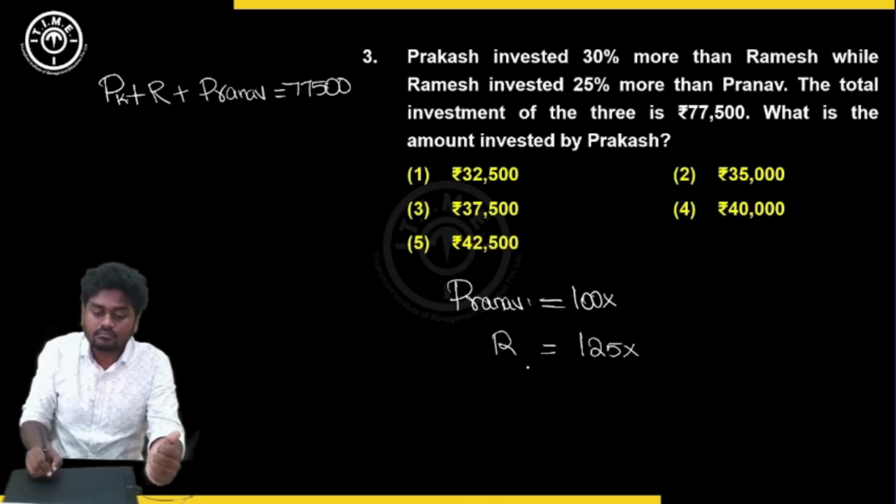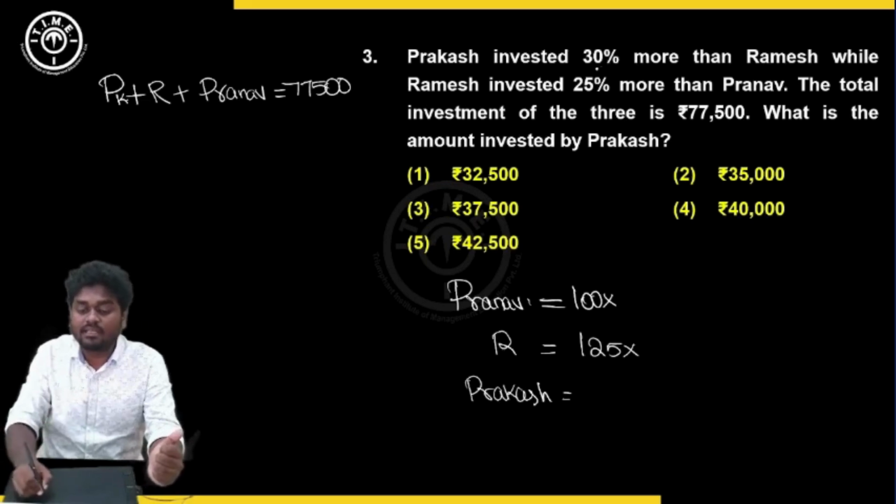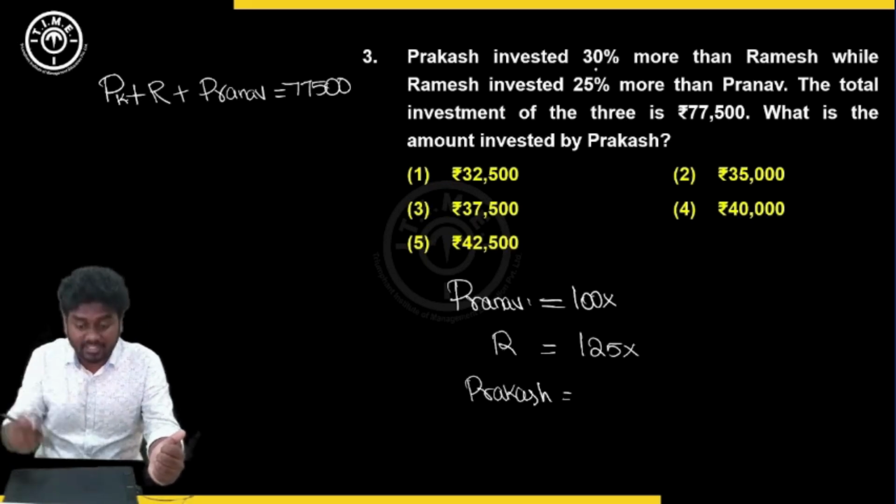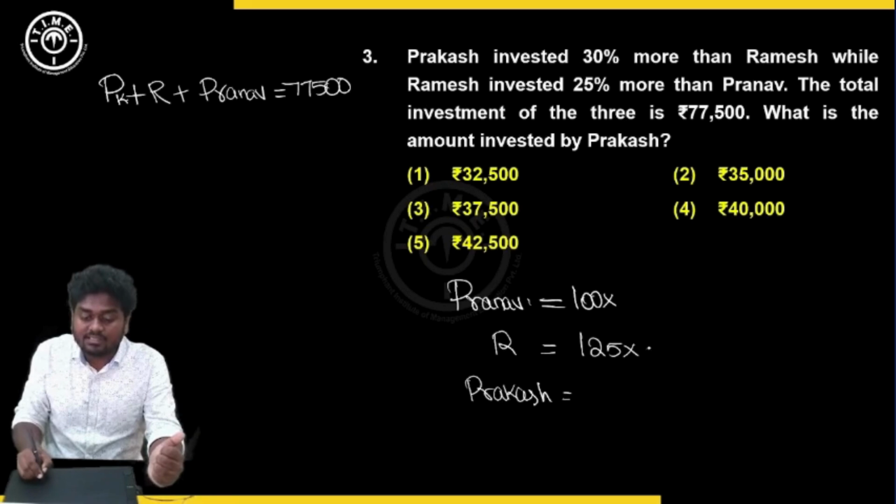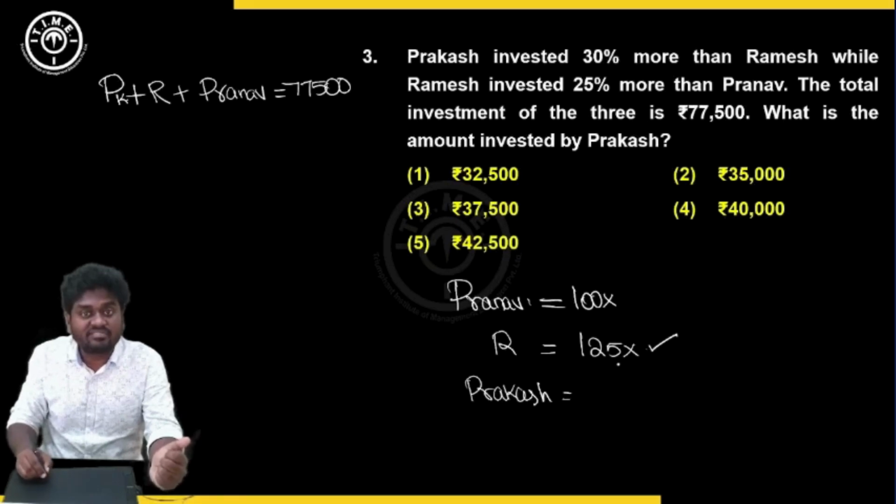Correct? And you take Prakash, how much has he invested? Prakash is 30% more than Ramesh. If you find how much is 30% of this, 10% is 12.5, 20% is 25, correct? 30% is 37.5, right?